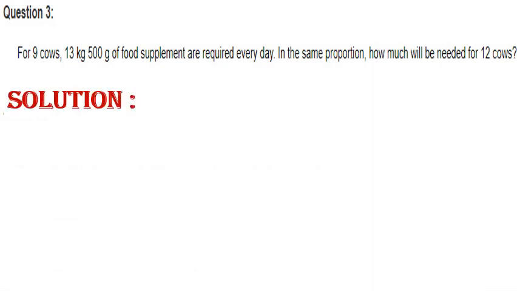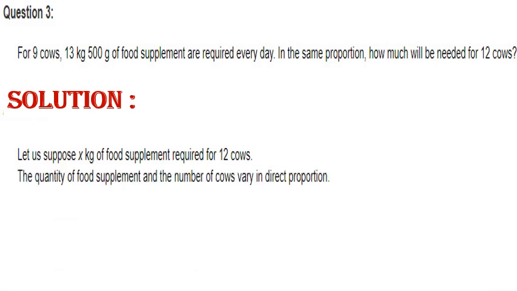Let us begin with the solution. The value which we have to find, we have to presume it. So let us presume x kg of food supplement is required for 12 cows. So now the quantity of food supplement and the number of cows vary in direct proportion. They are directly related.